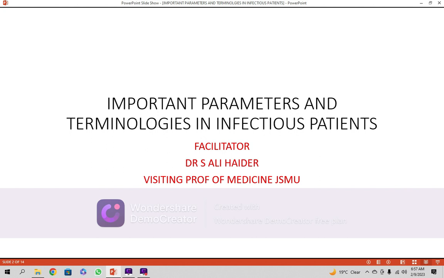For inguinal lymph nodes, if some infection occurs in the toe, this is the second line of defense. It will try to stop the agent in the lymph nodes. This is the second line of defense created by nature.